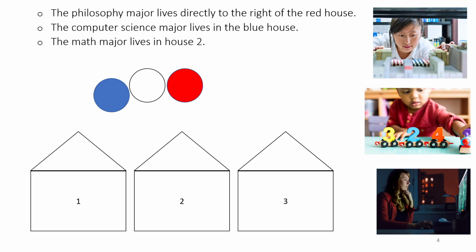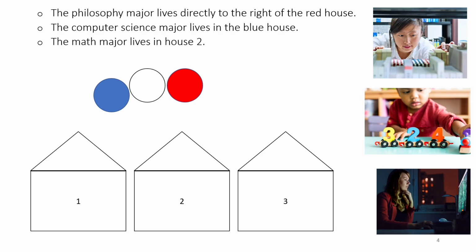So this is an illustration. We have house 1, 2, and 3. We have those different subjects. What do we say? Computer science, math. This could be math. Which one is philosophy? Maybe this one is philosophy, staring at the matrix.